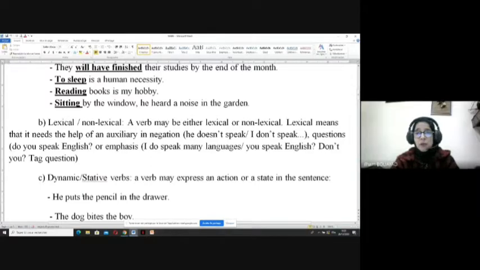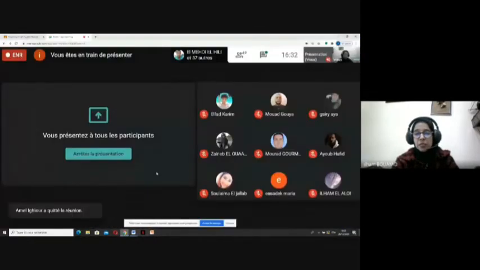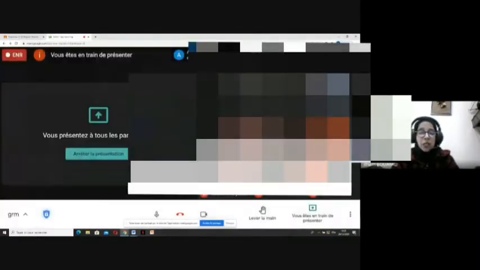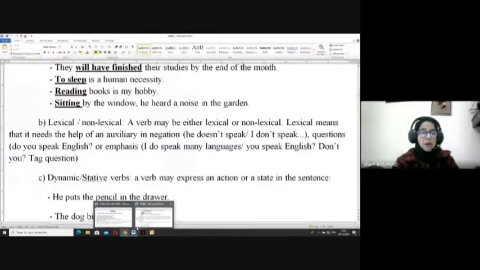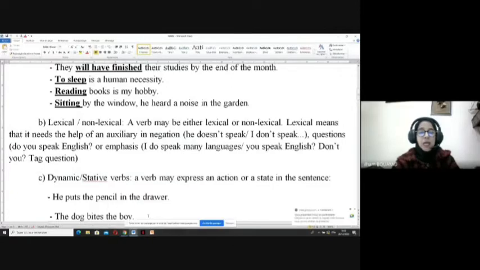Non-lexical verbs are verbs that do not need the help of auxiliaries. They don't need it at all. Non-lexical verbs in English are namely the helping verbs, or what we call auxiliaries, like to be, to have, and the modal auxiliaries.